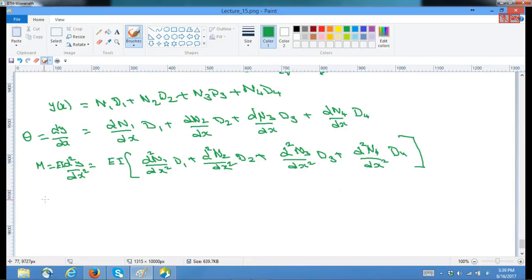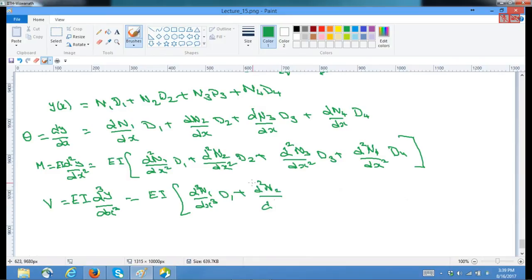Similarly, my shear force V is equal to EI d cube y by dx cube, which is EI d cube N1 by dx cube D1 plus d cube N2 by dx cube D2 plus d cube N3 by dx cube D3 plus d cube N4 by dx cube D4.